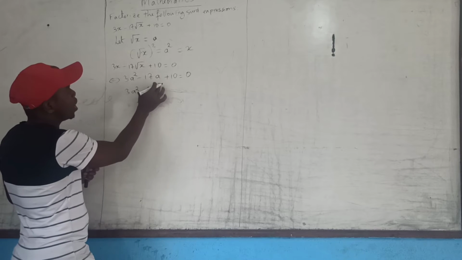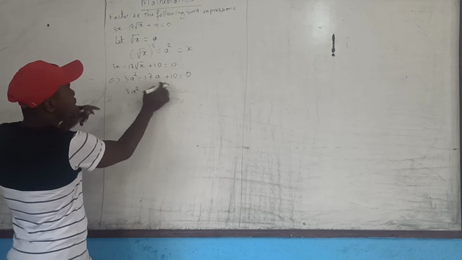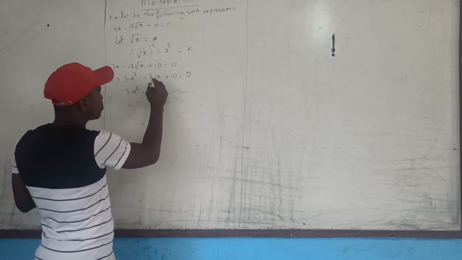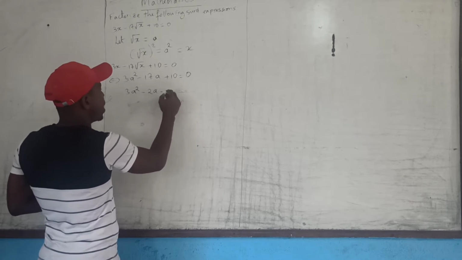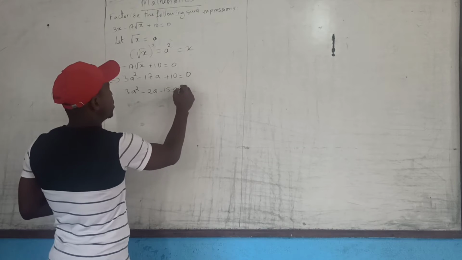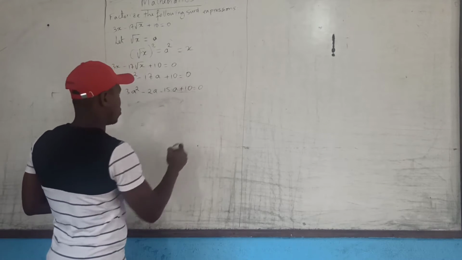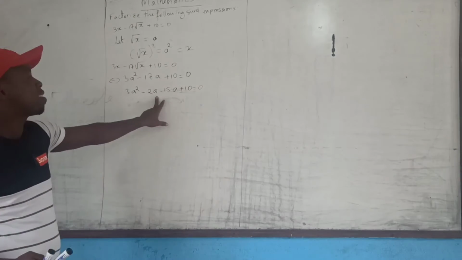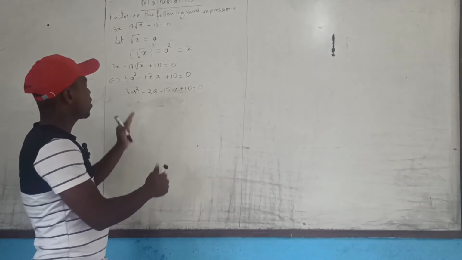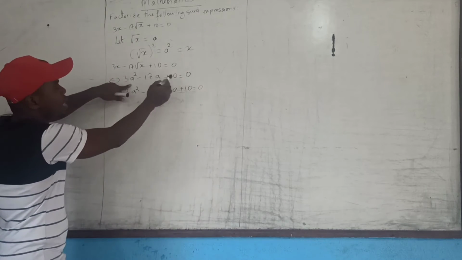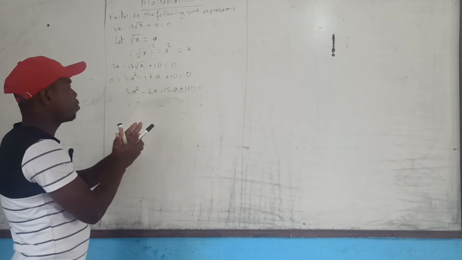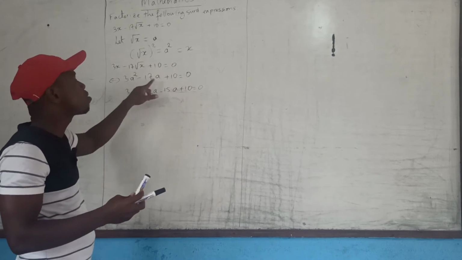So if I check very well for the factors of this one, it will give us minus 2a minus 15a plus 10 equal to 0. How did I get this one? I just manipulate it in factorization method. You use the first and the last digits, multiply them together, give us 30a squared.